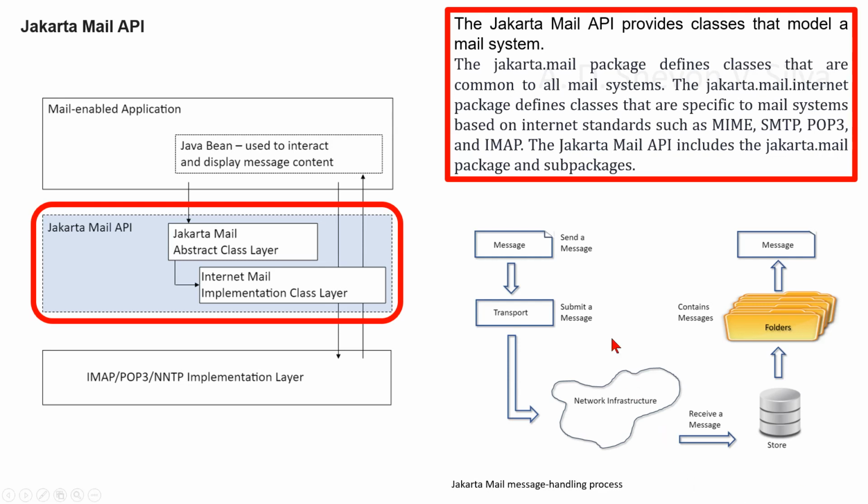Message composition and transport. A client creates a new message by instantiating an appropriate message subclass. It sets attributes like the recipient address and the subject and inserts a content into the message object.